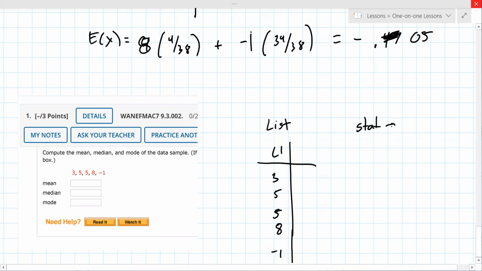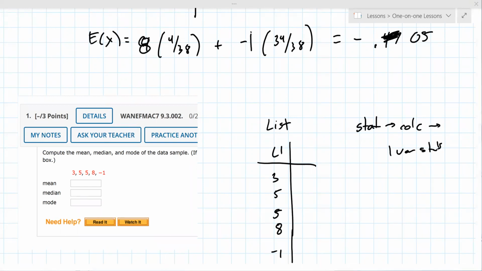And I think it's stat. Let me look this up again, where it is. Stat, calc, and then it's 1-variable stats. How do you enter in the list? Let me get there too.